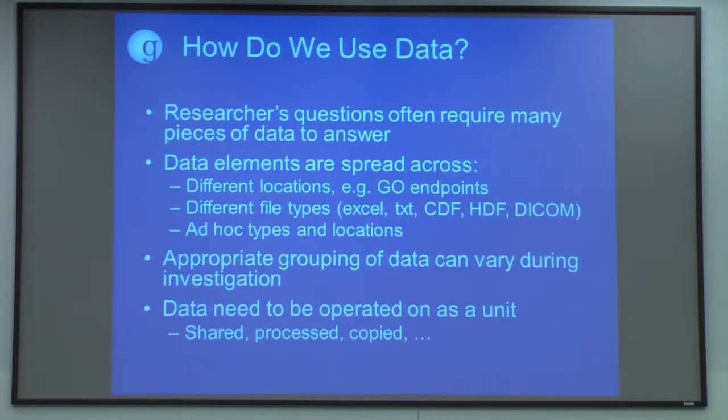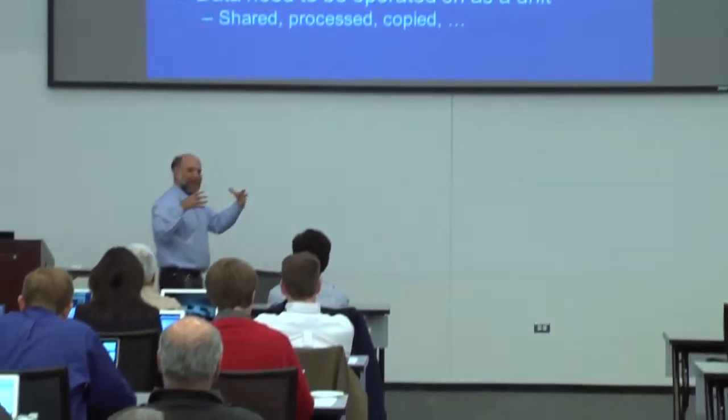Oh, here's an image file here, here's a file with phenotype data there, here's an Excel spreadsheet there, but to somehow glue it all together so we can manipulate it in the way we think about it. Here's this unit of things that are all related because I need them to do something. And then to interact with them at that level, where that interaction could be sharing it, processing it, copying it, and so on. So that's what started us down this path.